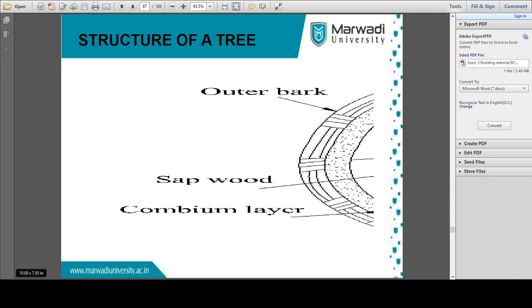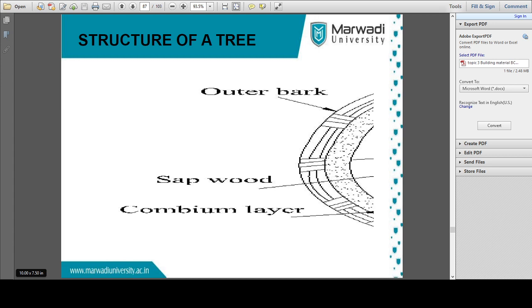So try to have the entire diagram, and you can download it from the chat box. I will simply drag and drop it in the chat box so you can use it. If it is not visible, I will drop this diagram into your chat box. You can have it and then learn it.